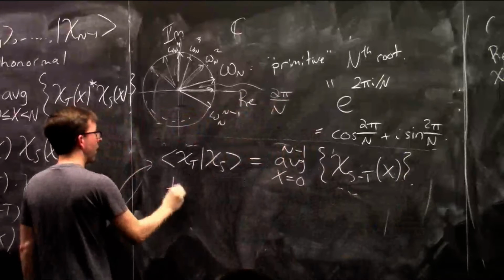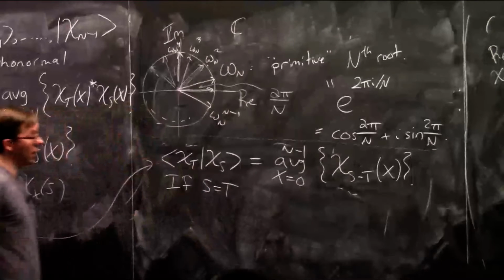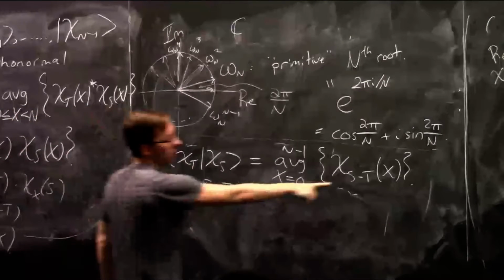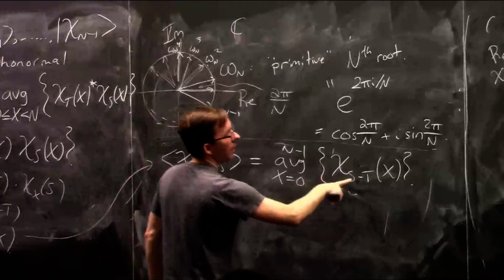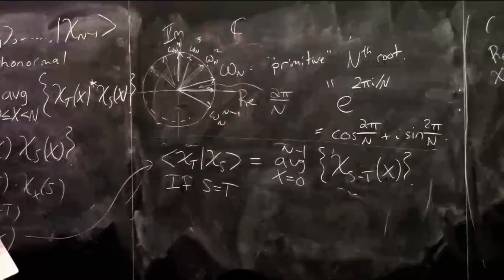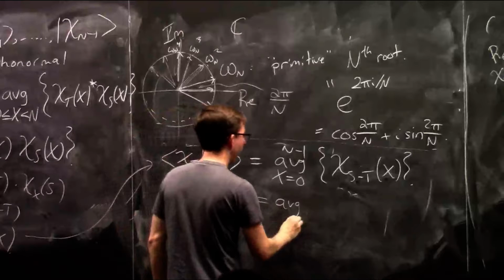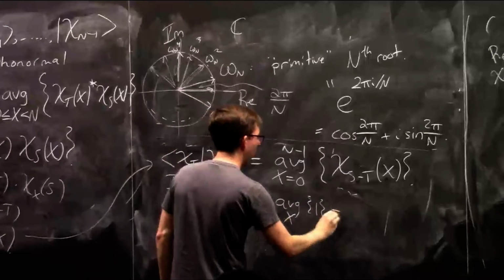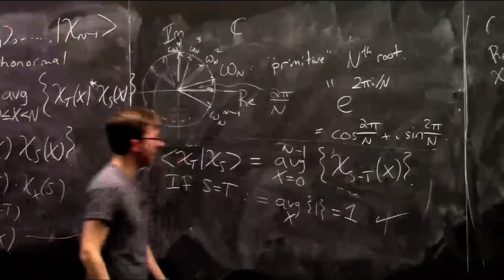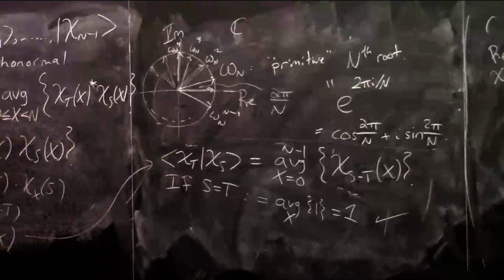Now if s equals t, so we're looking at the inner product between the character and itself, then this is 0, and chi 0 of x is constantly 1. So you're averaging constantly 1, so it's just 1. And that's good. That says that these are actually unit vectors, and therefore also quantum states.